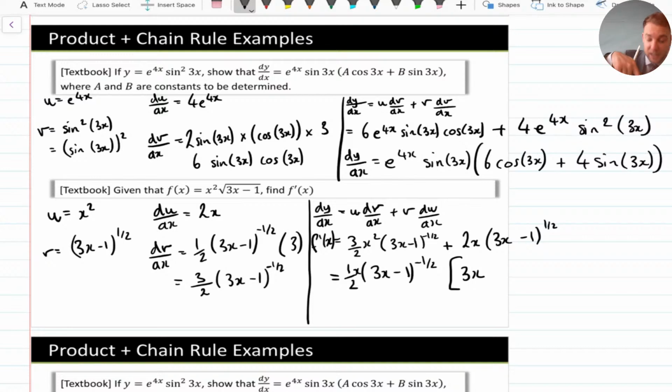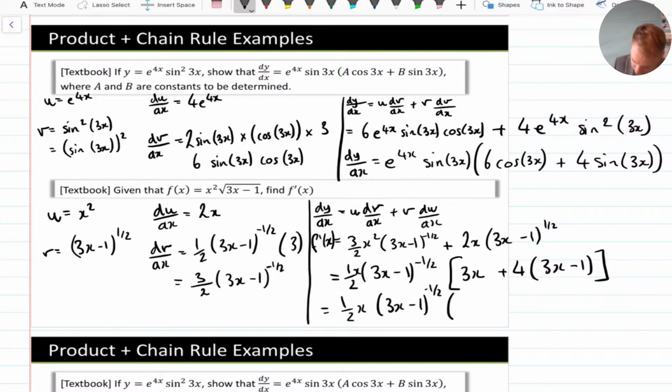If I take a half out, I'm actually going to have to double that, which is going to be equal to plus 4 times by, well, if I take out a minus a half from this, I need to add a minus a half here. So this is going to go to 3x minus 1 there, like so. This is trickier. So this is going to be a half x times by 3x minus 1 all to the power of a minus a half times by, well, let's expand this out. 3x plus 12x is going to be equal to 15x. And then the 4 times by the minus 1 is minus 4.